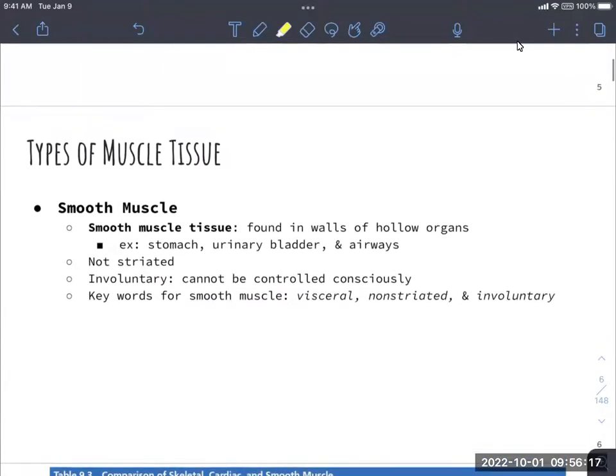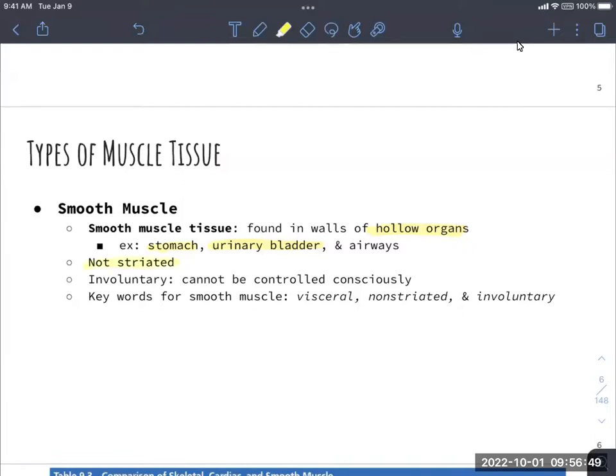The last type of muscle is smooth muscle. We find smooth muscle mostly in hollow organs or hollow passageways, like your stomach. That's a hollow organ. So is your urinary bladder. Your airways, even your blood vessels have some smooth muscle through them. The difference with smooth muscle, it is not striated.